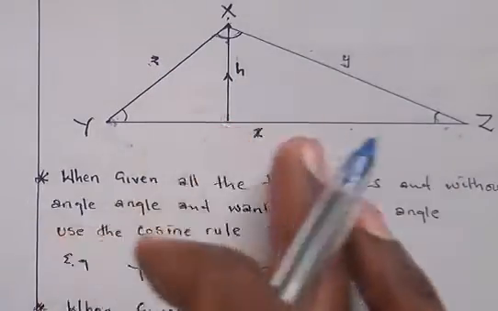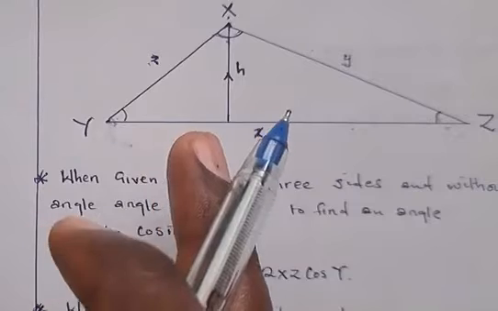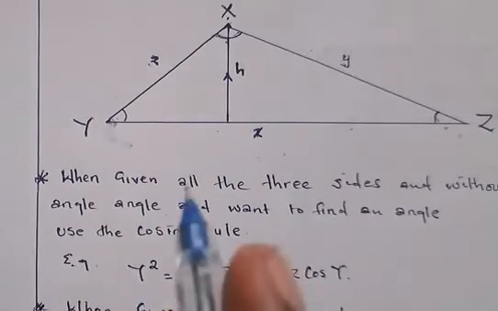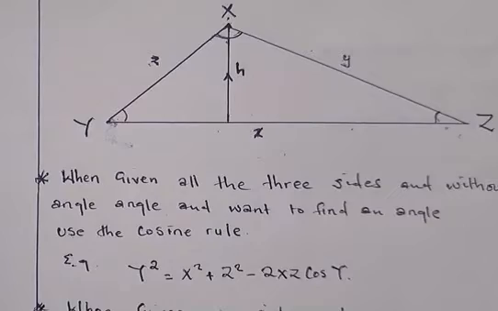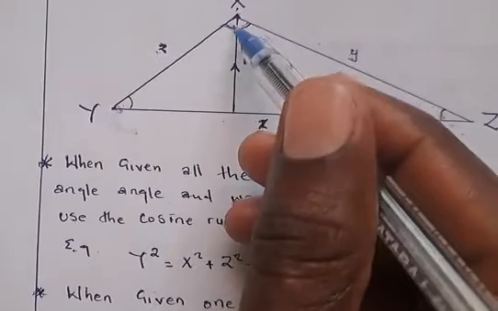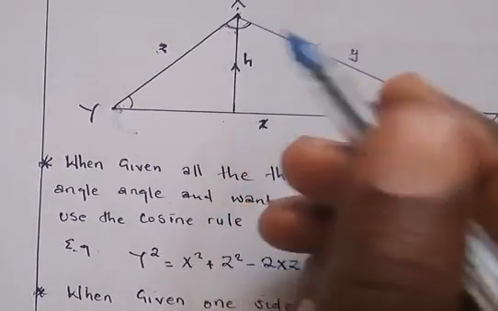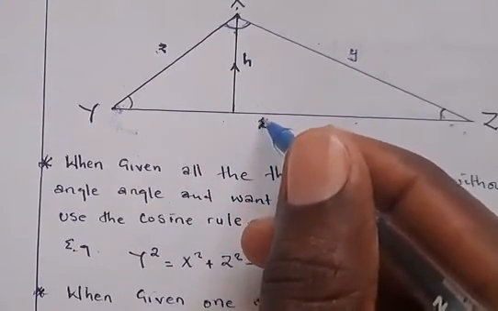Because when you are given all three sides and you don't have any angle, it's impossible for you to use the sine rule. So what is going to work better is the cosine rule. Now the cosine rule states that, since we are looking for this angle there, we start with this one. We square this side.